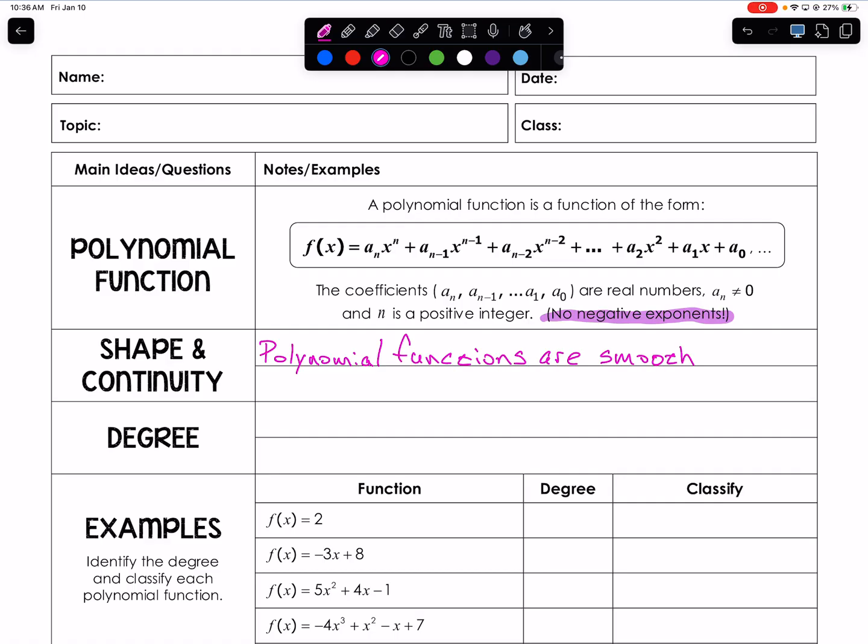Smooth curves with no breaks or gaps, and they're continuous for all real numbers.